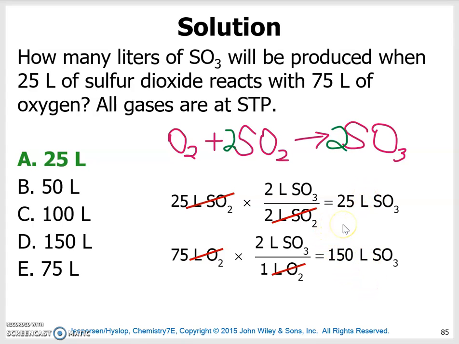We're limited by the amount of sulfur dioxide we started with, and so we can only make 25 liters of sulfur trioxide. So there's just a preview of using the ideal gas law in reactions. We still think about stoichiometry, but we can use liters instead of moles when everything else is constant.